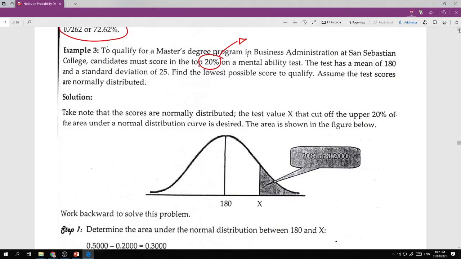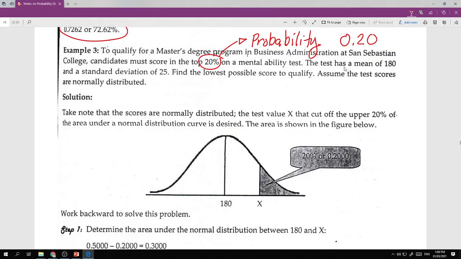Hatagan ka ug percent, mauna ang value sa z, meaning ang probability niya, this is written as 0.20. So take note, 0.20 na siya. Okay? Unya, let's go to the problem now.